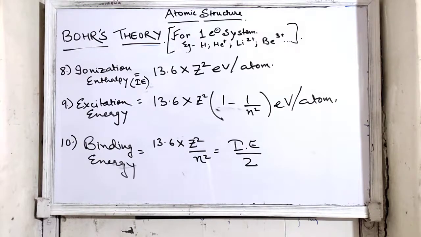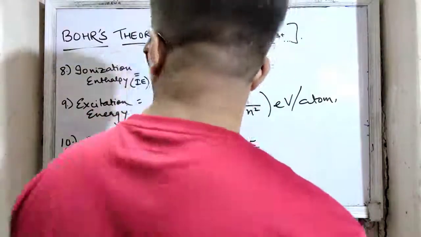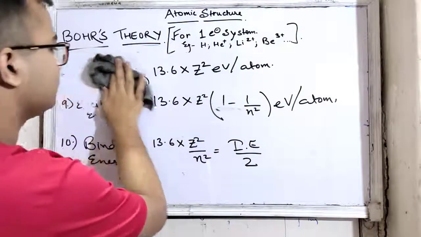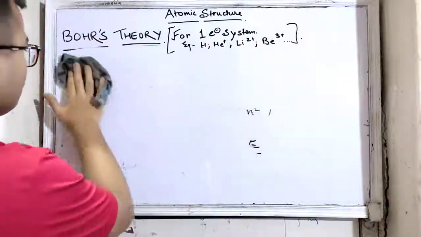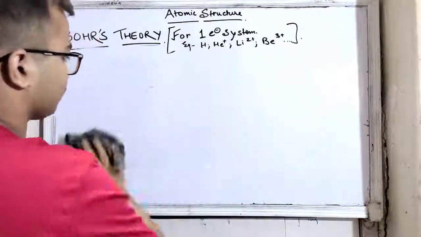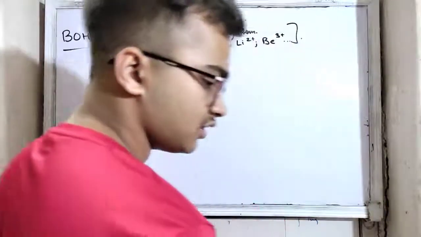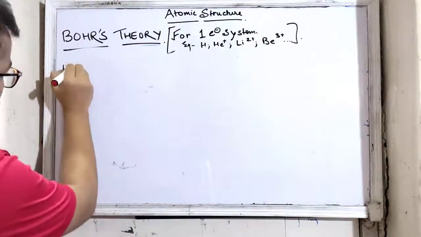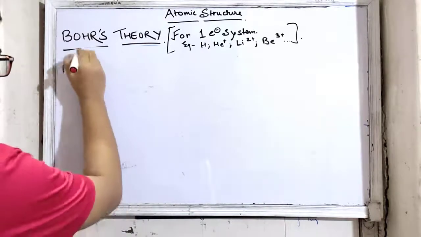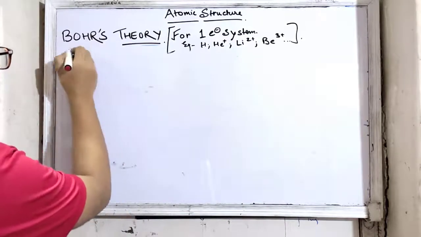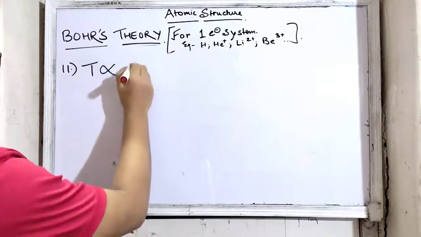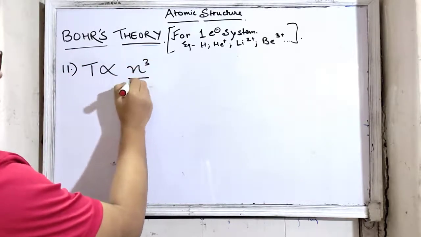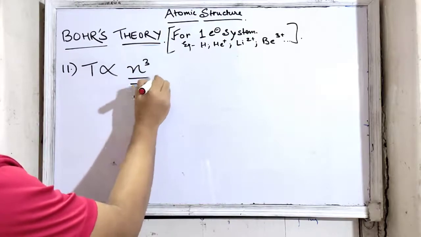So let's clear it out. It will be number 11. So time period. Time period is directly proportional to n cube by z square.